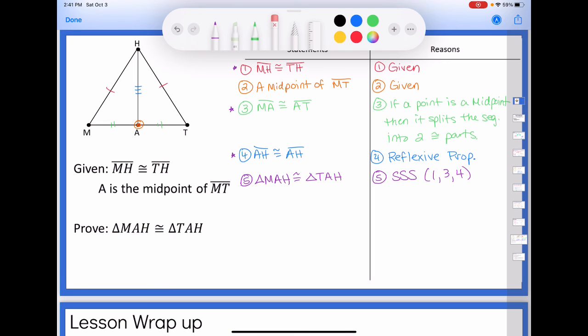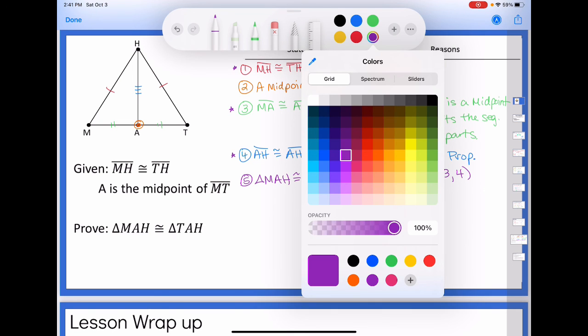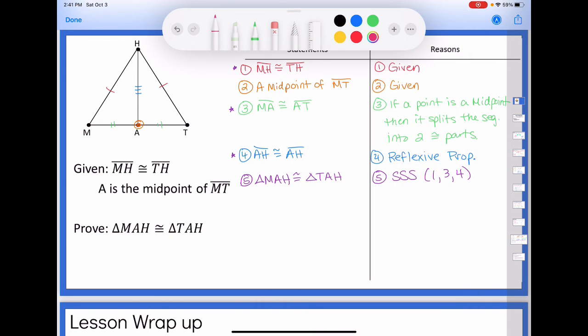Okay, so whenever you use any of those 3 methods, you have to include the 3 numbers of your congruent steps. Right?